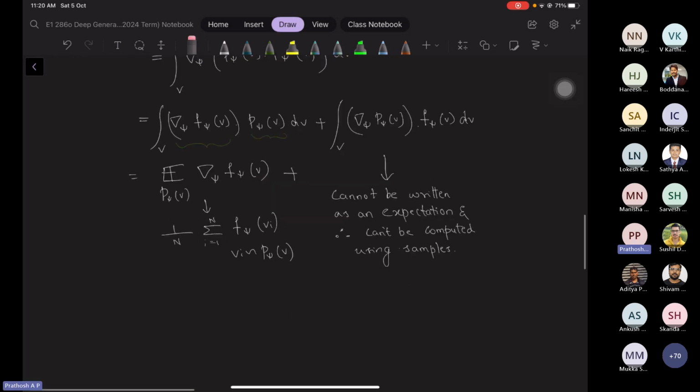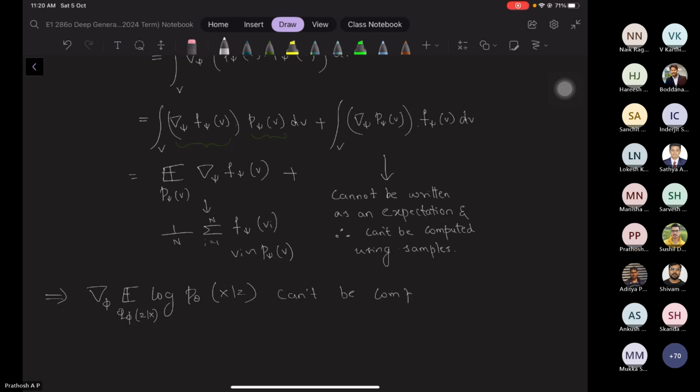So this implies that the gradient of the first term in the ELBO, which is the expectation of log of p theta of x given z with respect to q phi of z given x, can't be computed directly.